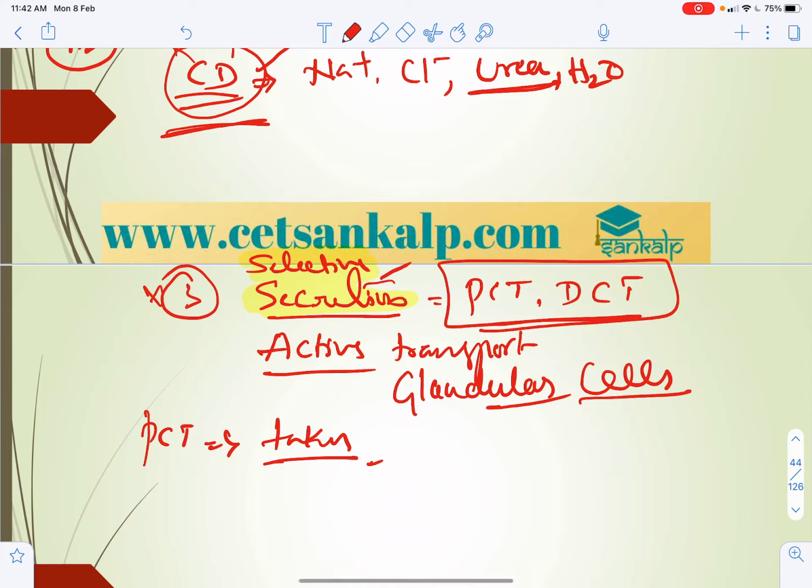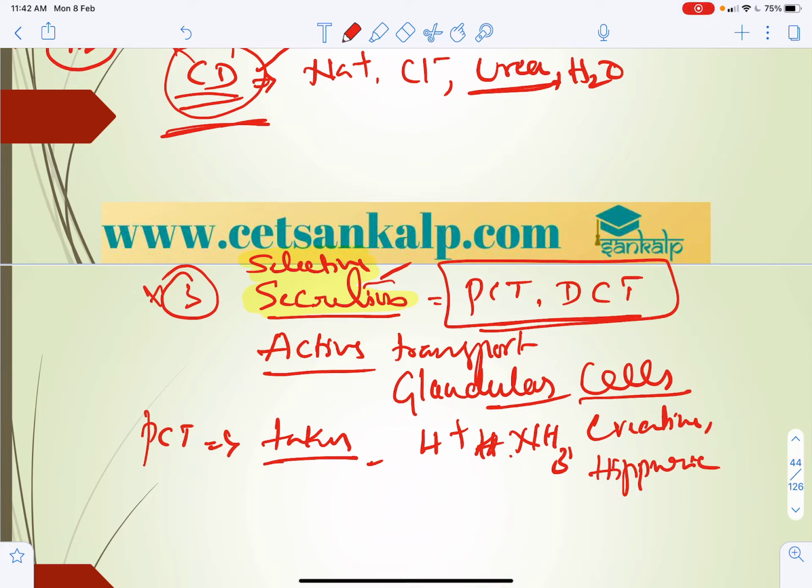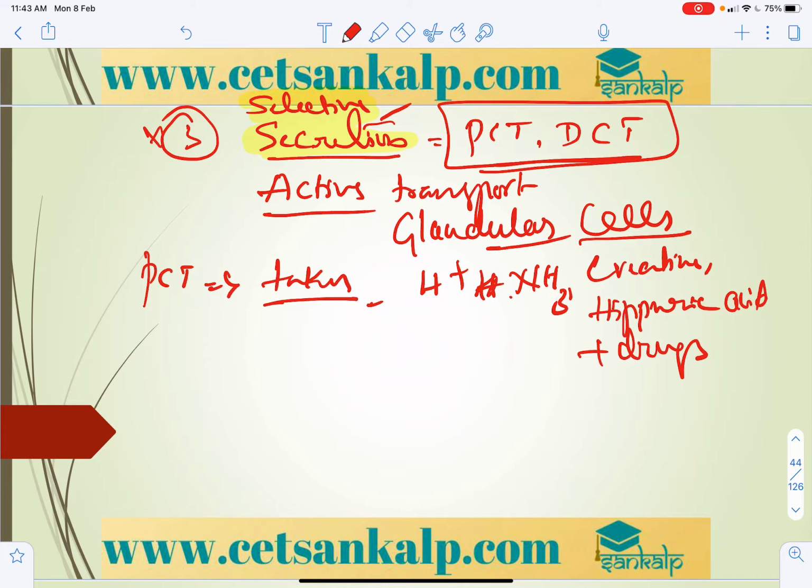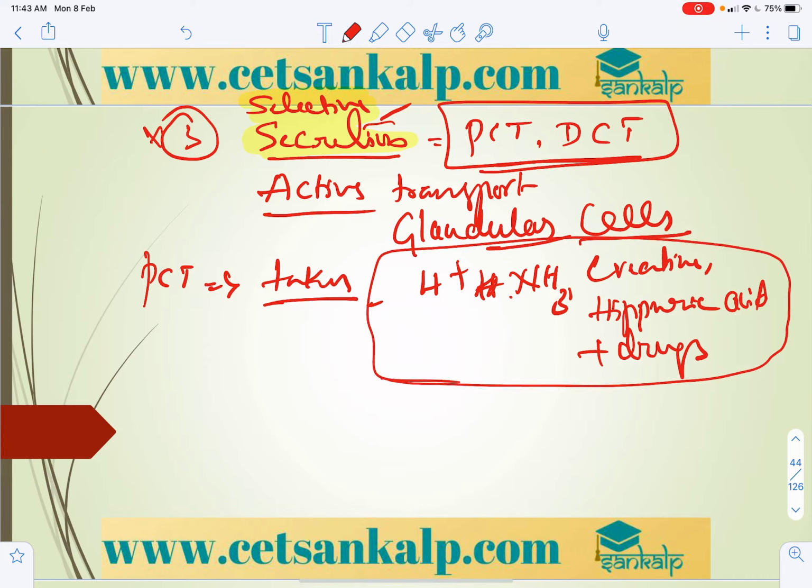It takes almost all the H plus, and then NH3, that is ammonia, which will be eliminated, and creatinine, and sometimes it will be converted into creatinine, and along with that a little amount of uric acid, and drugs which will be eliminated. And the important thing we should keep in mind is that all these will be secreted right into the DCT.